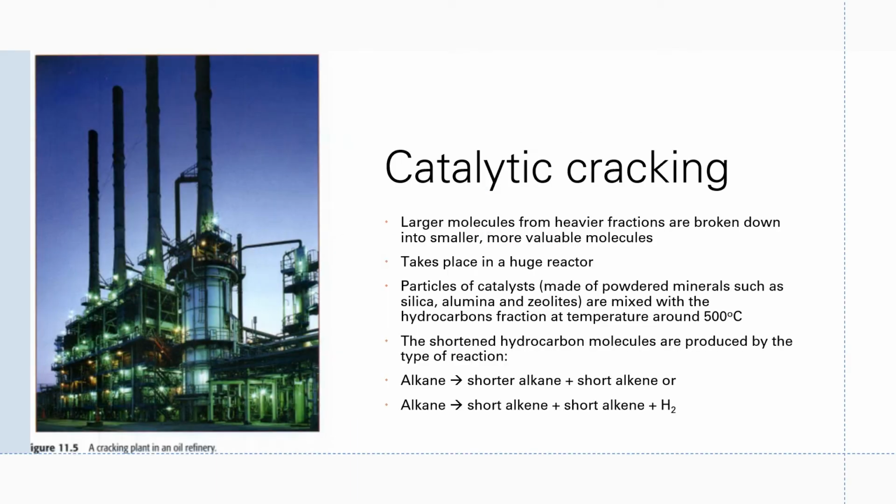There is a term you should know in this topic, that is catalytic cracking. In catalytic cracking, larger molecules from heavier fractions are broken down into smaller and more valuable molecules. It takes place in a huge reactor. Particles of catalyst made of powdered minerals such as silica, alumina, or zeolites are mixed with the hydrocarbon fraction at a temperature around 500 degrees Celsius.